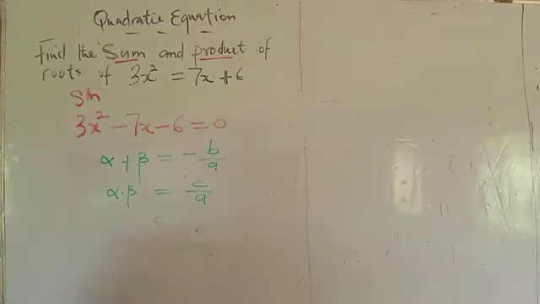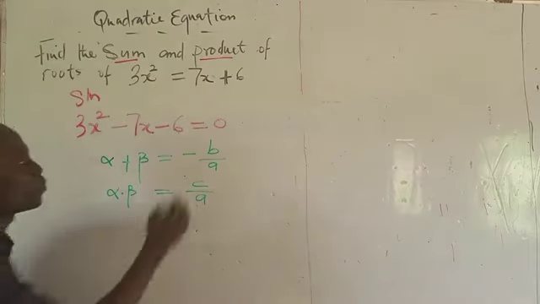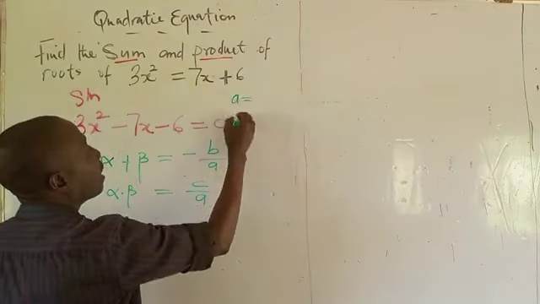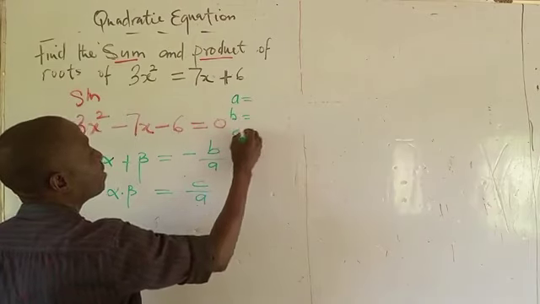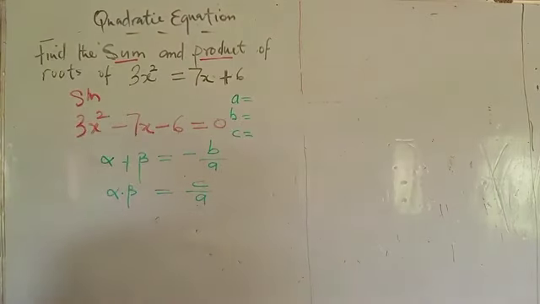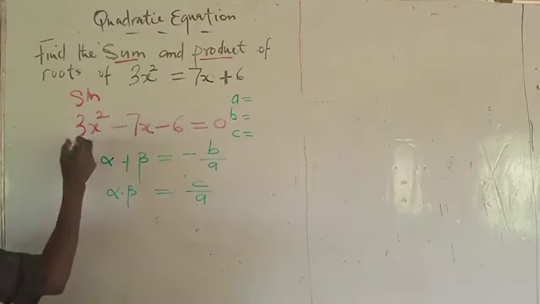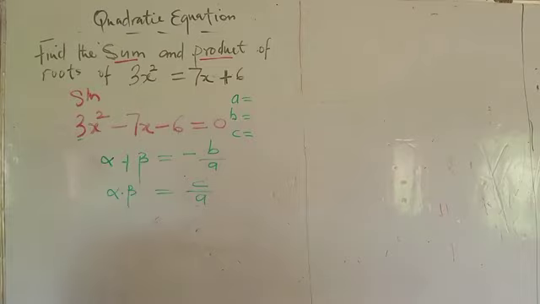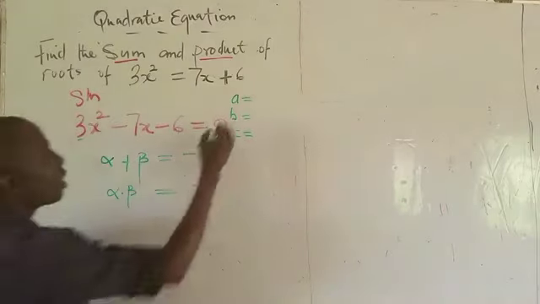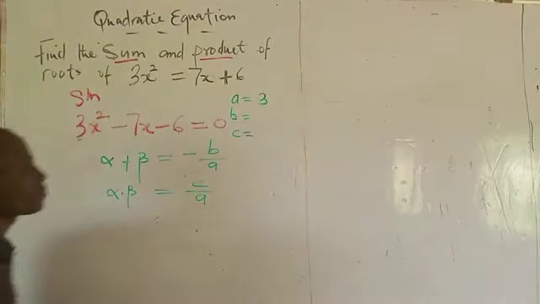If you remember how to solve a quadratic using the almighty formula, we know there are terms called a, b and c. From this equation, the coefficient of x squared is our a, and in this case it is 3. So our a becomes 3.